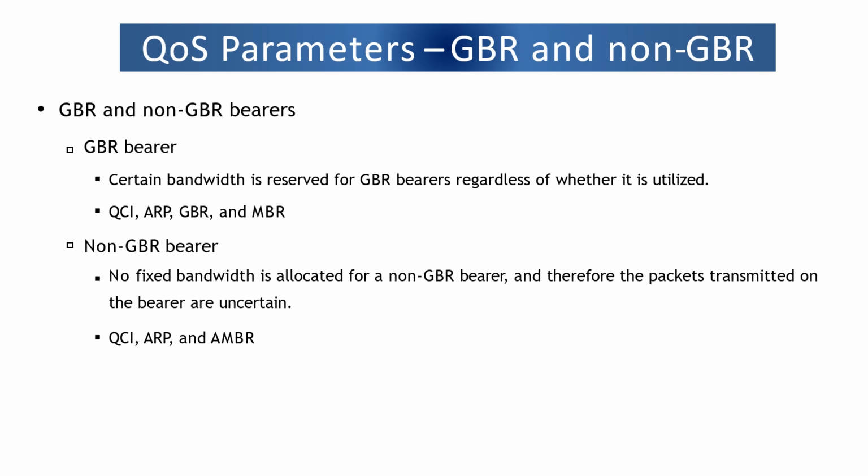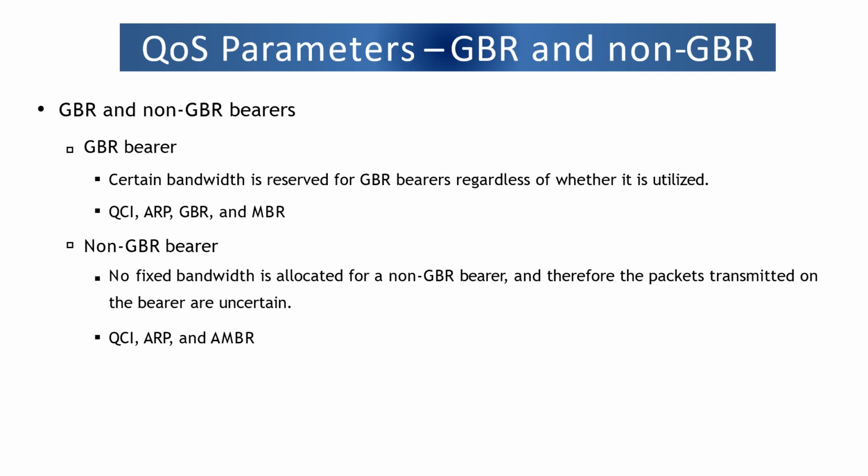In the GBR bearers, there is another parameter, that is MBR, maximum bit rate. The MBR parameter is used to limit the bit rate that can be expected for GBR bearers. Any traffic that exceeds the MBR will be discarded by a rate shaping function. In 3GPP release 8, it currently supports only the case where the MBR and GBR are equal.